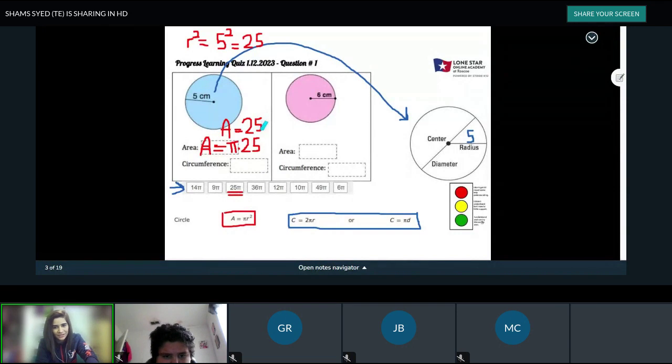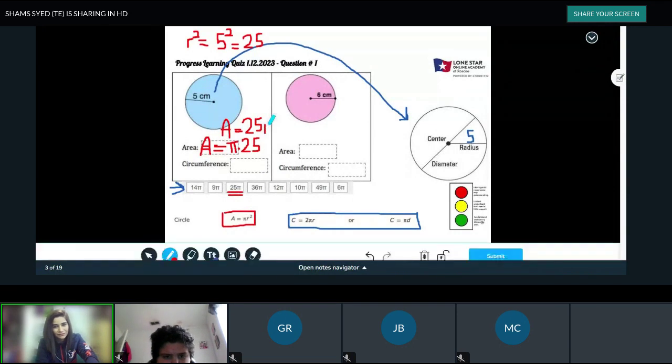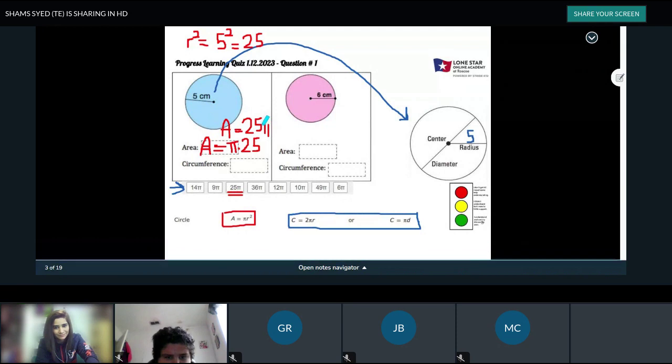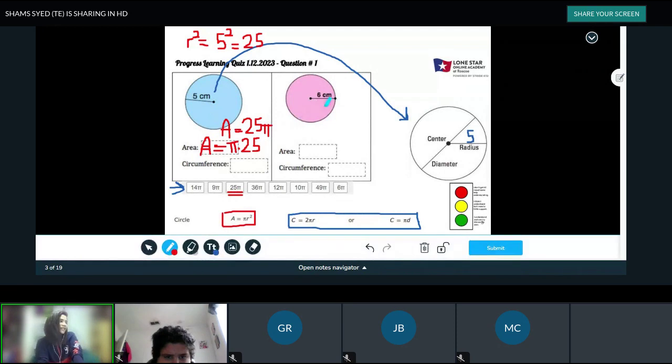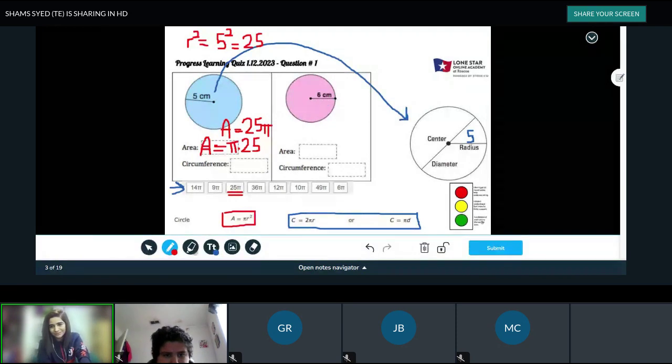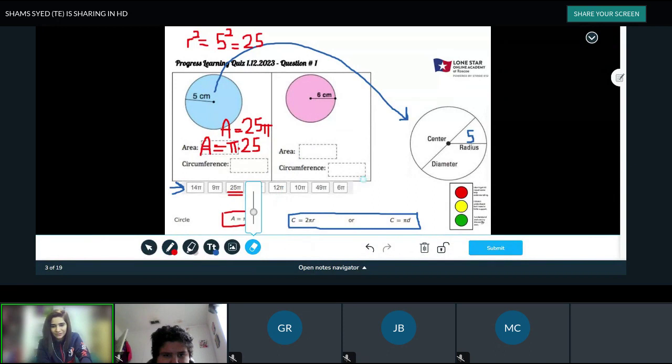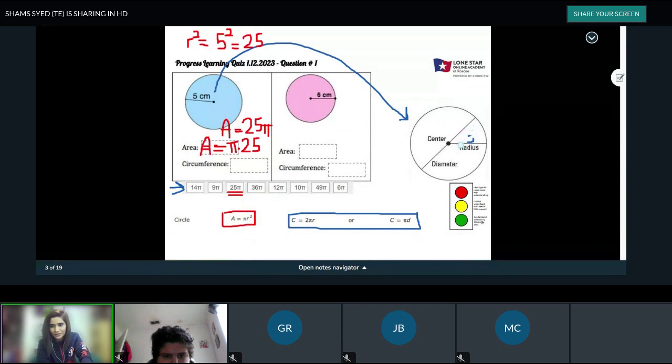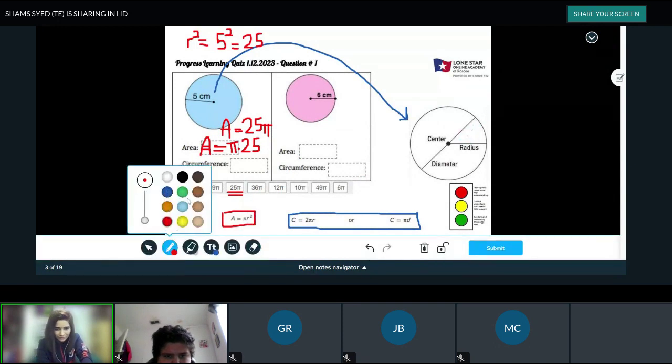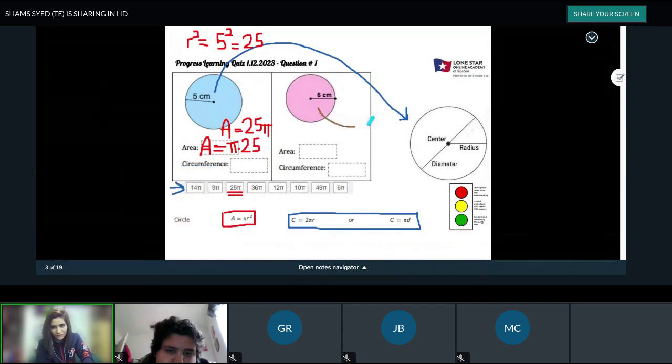Then I will go ahead and do the pink circle. I will find the area. For the pink circle, look at the radius. The radius is 6 centimeters. I will use brown for this pink circle. The radius is 6, right?